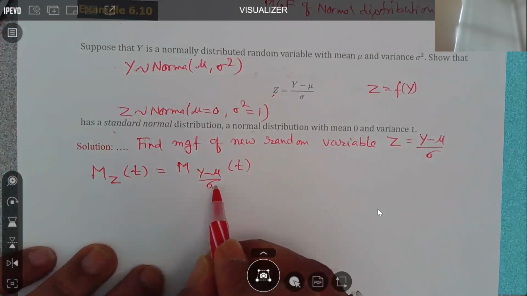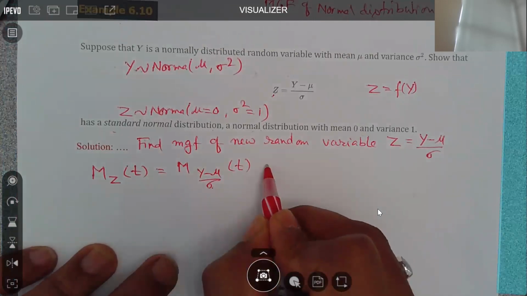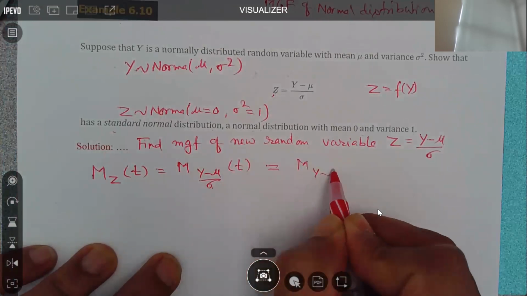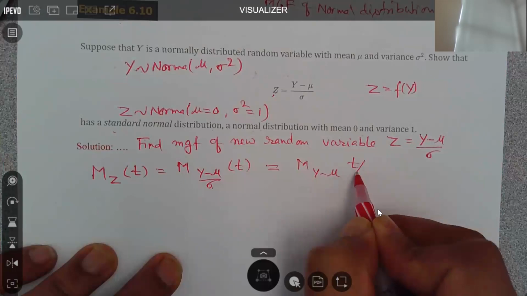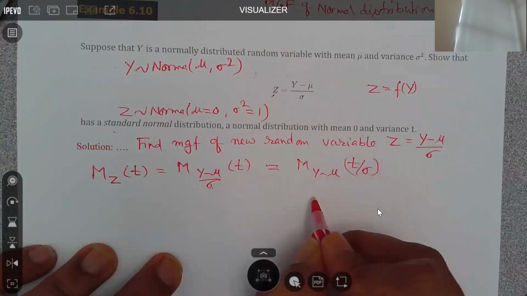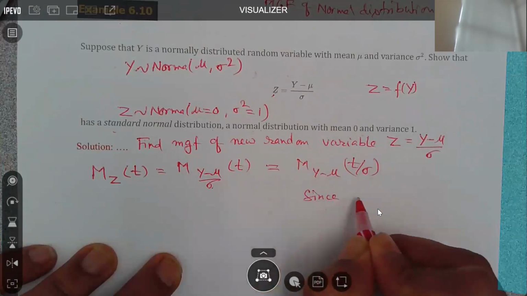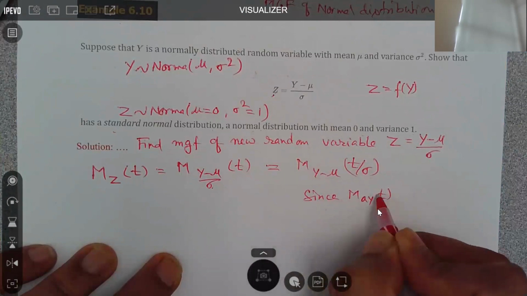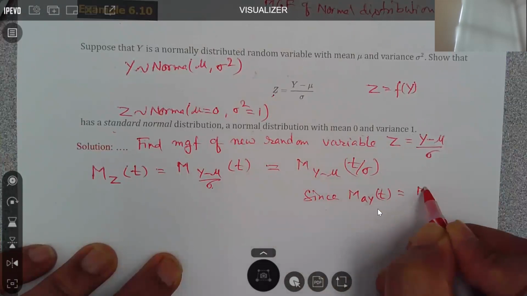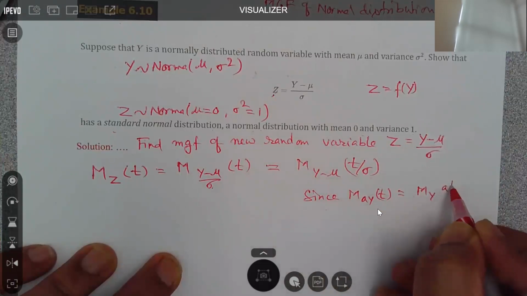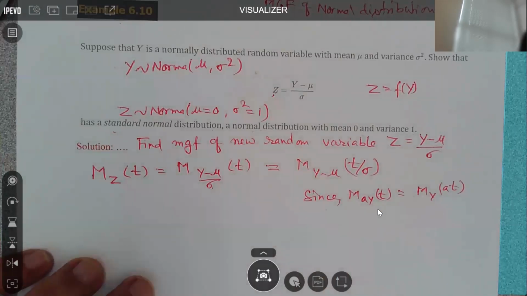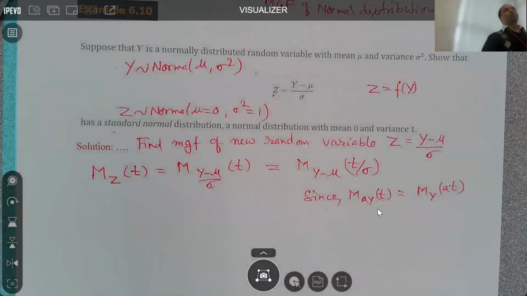Then you can apply the theorem here, M of (Y minus mu) t over sigma, since M_aY(t) equals M_Y(at), using the theorem we did last time.